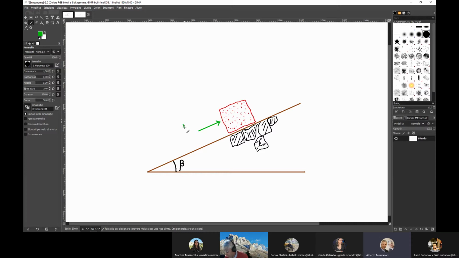So this force, let's call it with the symbol F. It's equal to, we can write it in this way. Let's first of all assume that this force depends on the shape of the particle through a coefficient which we can call C2. So this is a shape factor. Okay, let me write here C2 shape factor, shape coefficient.